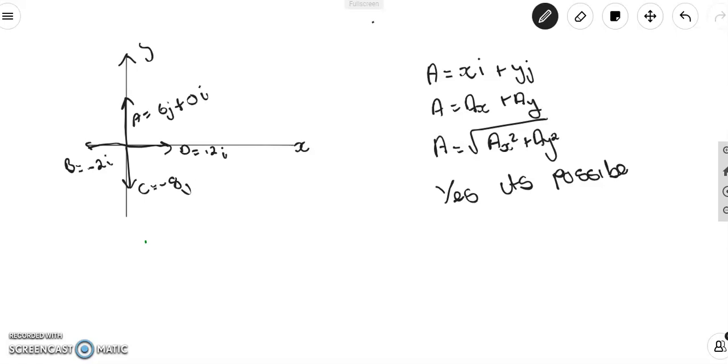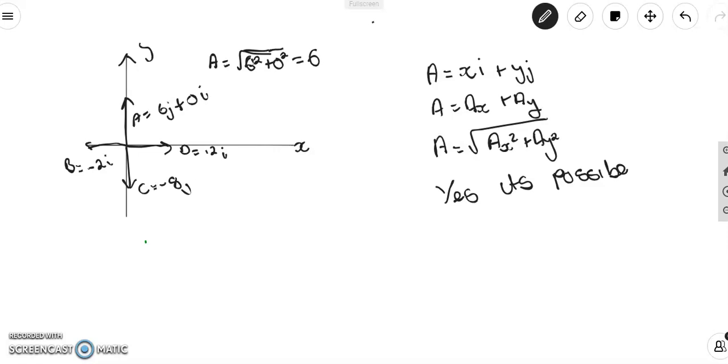So let's concentrate on A only. When we look at A, what is the magnitude of the vector A? The magnitude of A is equal to the square root of the squares of its components, which is the square root of 6 squared plus 0 squared, which gives me 6.